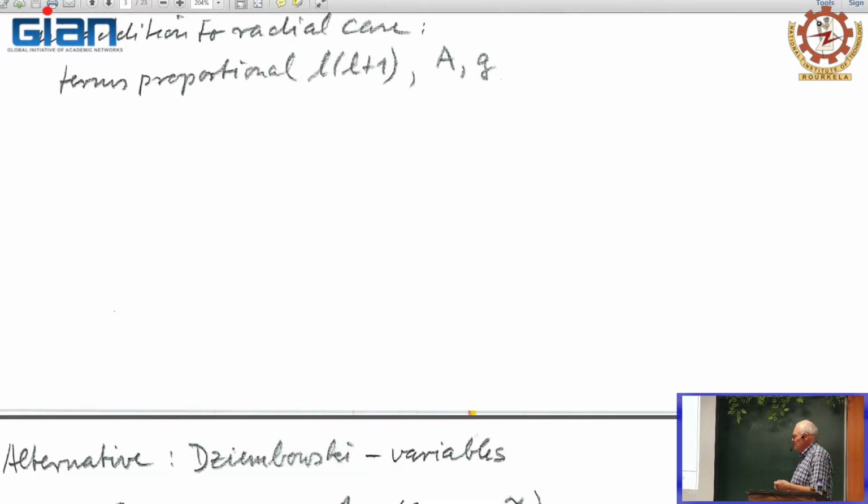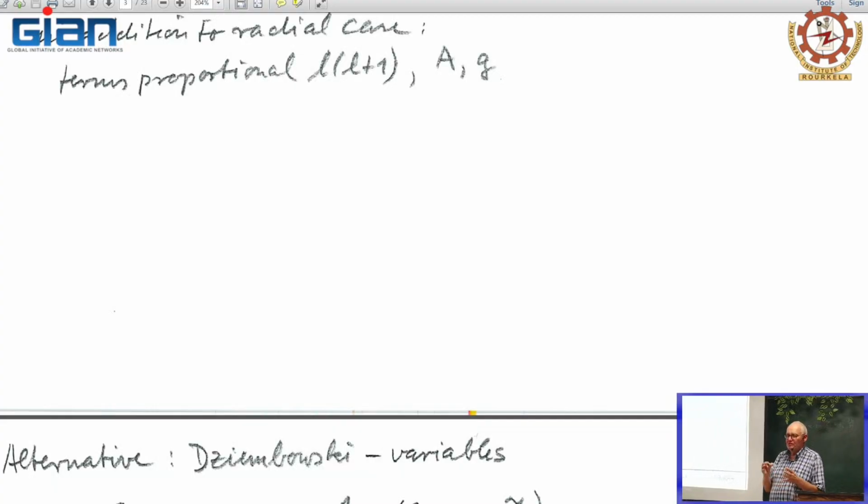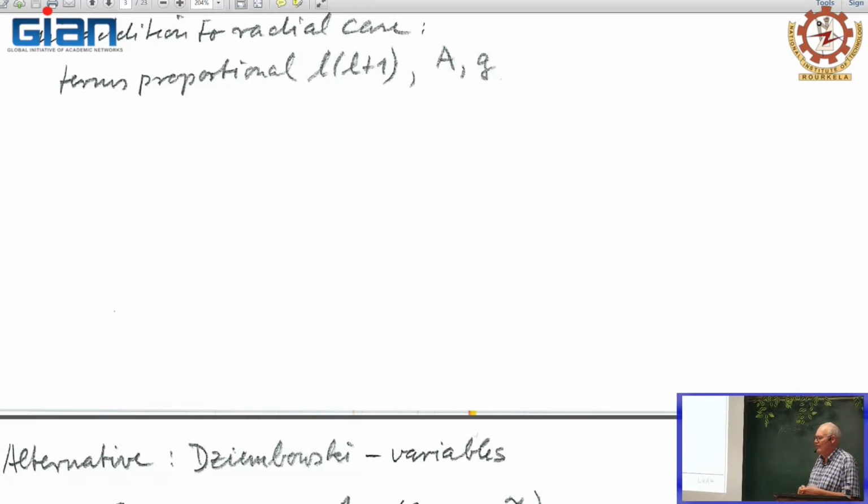Now, I should perhaps mention here, the Ledoux-Wallraven formulation is one of the standard formulations of the adiabatic non-radial problem. There are also alternatives. There may be many alternatives, but one of the alternatives which is quoted very often is the Dziembowski variables. It's just a different transformation of the system of equations.